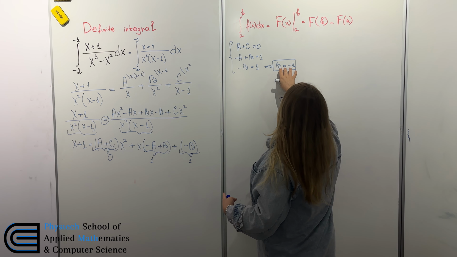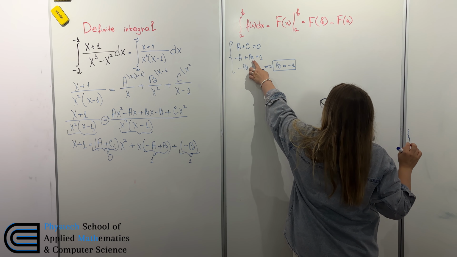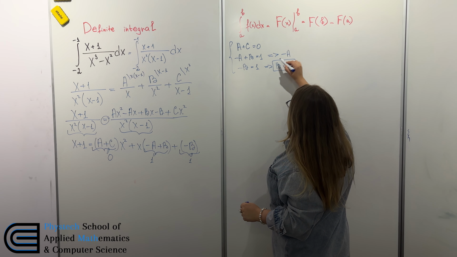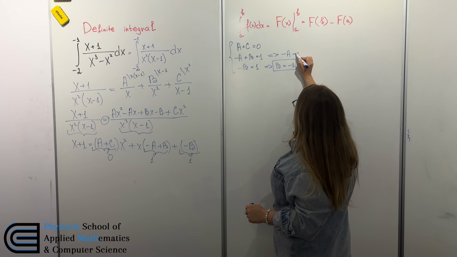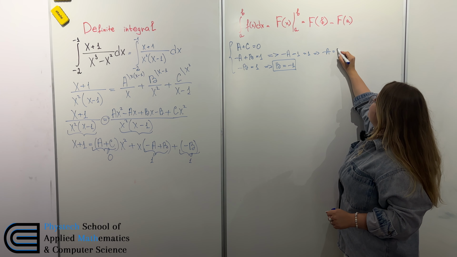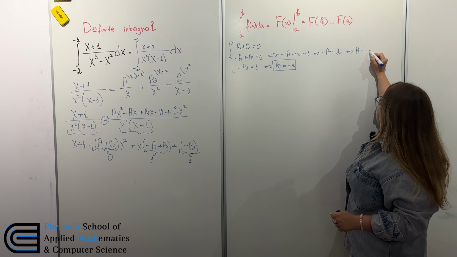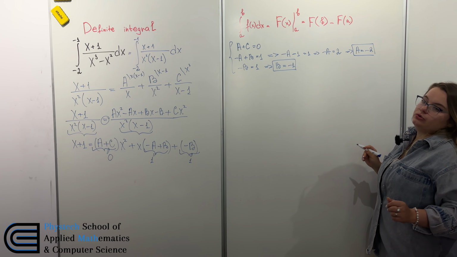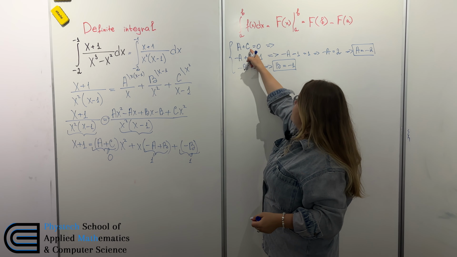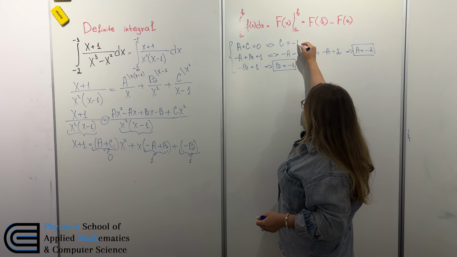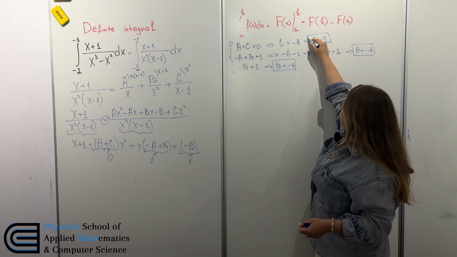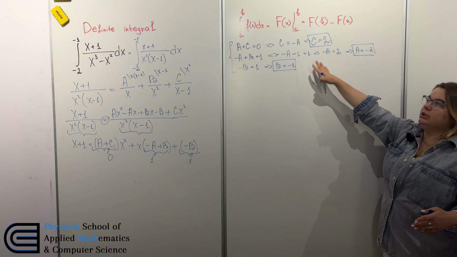If we know that b is equal to minus 1, we can obtain our a. From here, minus a minus 1 gives us 1. So minus a gives us 2, and from here we obtain that a equals minus 2. So we have a, and now we can obtain c from the first line. c equals minus a, it gives us c equals 2. So now we have a, b, and c.